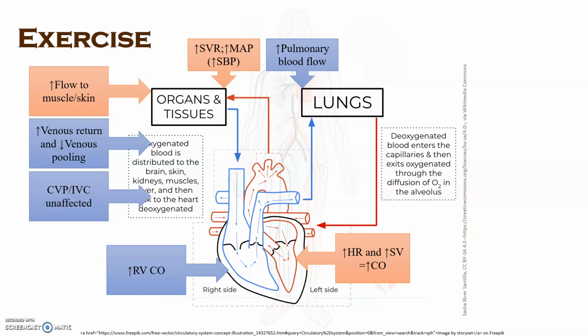Finally, this blood flows through the systemic circulation and back into the right atrium. However, because the right ventricle is healthy and can deal with this increase in venous return, there is no effect on central venous pressure or IVC.